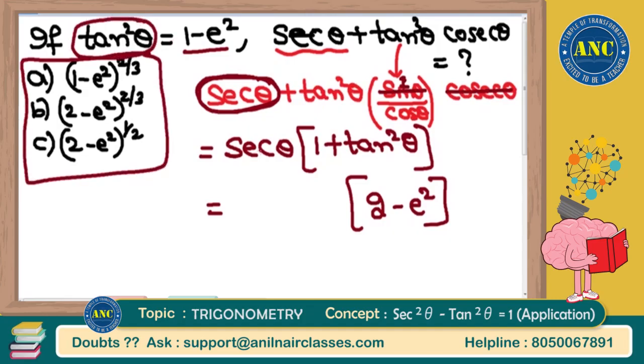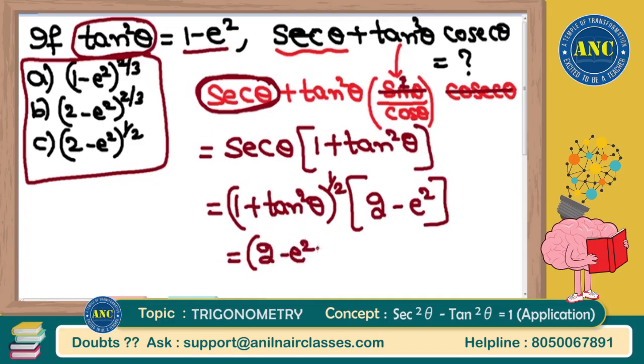That means secant also must be expressed in terms of tan. Square root of 1 plus tan square theta is secant theta, and square root is nothing but power 1 by 2. But I also know that tan square is e square minus 1, so 1 plus tan square is what I will be getting. I believe that it is clear, sir.